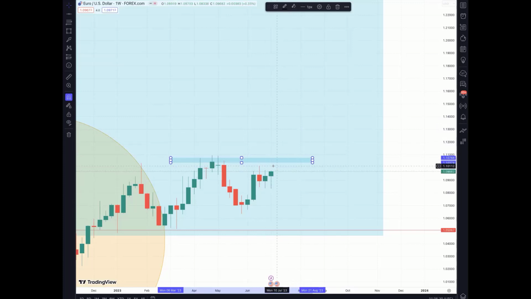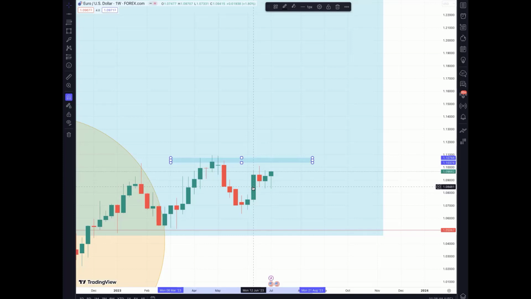This was the first week after this pump, then the second week, the third week, and none of it has ever closed below this engulfing candle. That is one significance, seeing the momentum coming in.